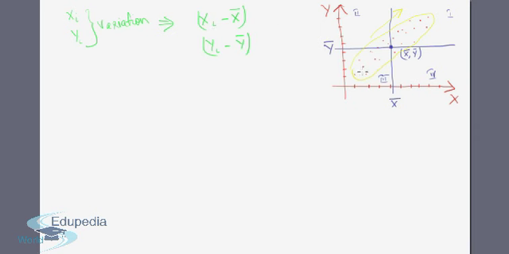Now this variation, when we take in the first quadrant xi minus x bar, since my x bar is here and the values of xi's are all greater than the x bar in the first quadrant, my value will be positive. Same is the case with yi minus y bar. In the first quadrant they will be positive, so let me write it here that all of these will be positive in the first quadrant.